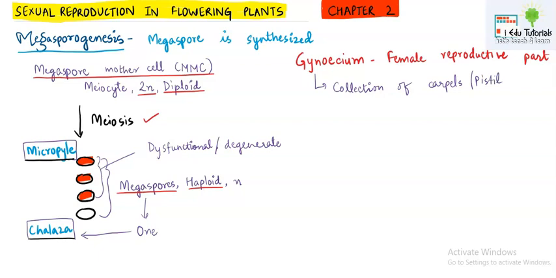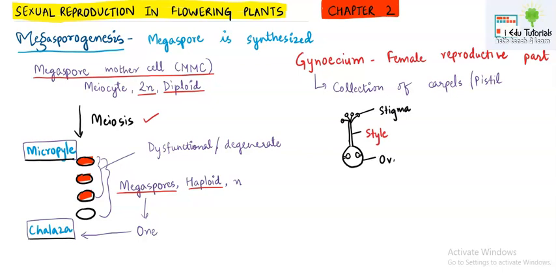Now here we will see the structure of one of the carpels. Whenever you want to see one carpel, it is divided into these parts. The above part is known as the stigma. Just at the bottom of it is the style.